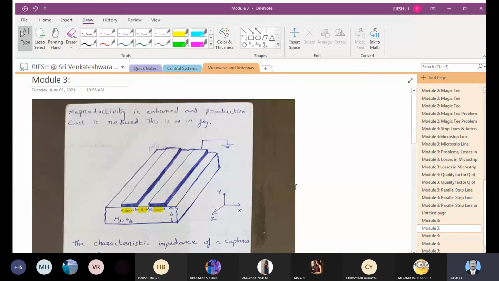In this you can see that it has two strips, and one of the strips is grounded, and the dielectric slab is of thickness d, and both the strips are of width W and separated by S. So you can complete it.